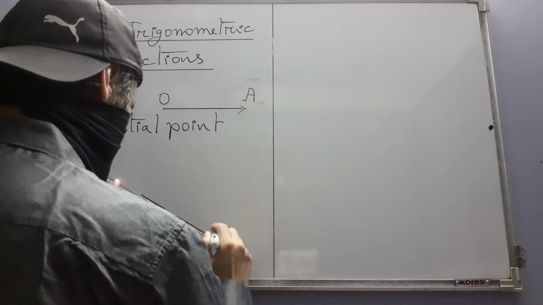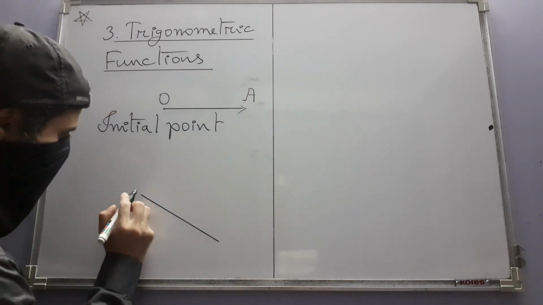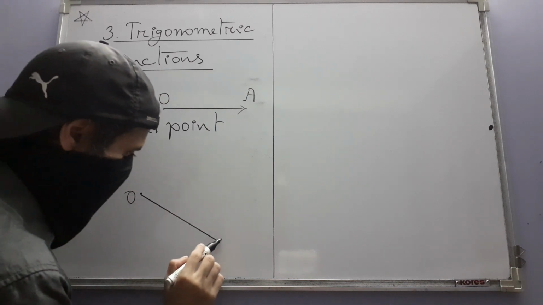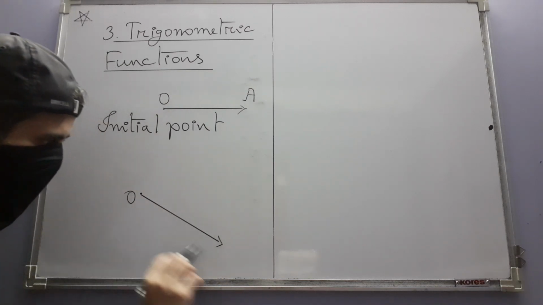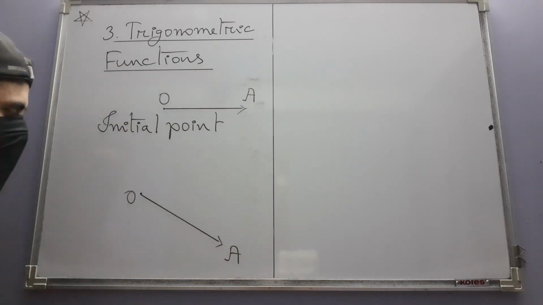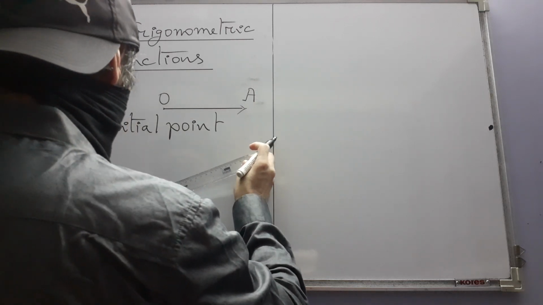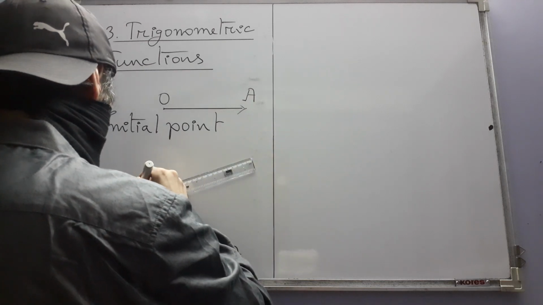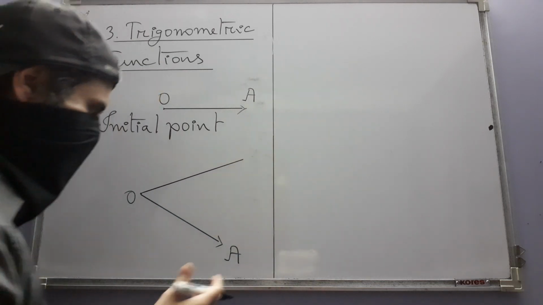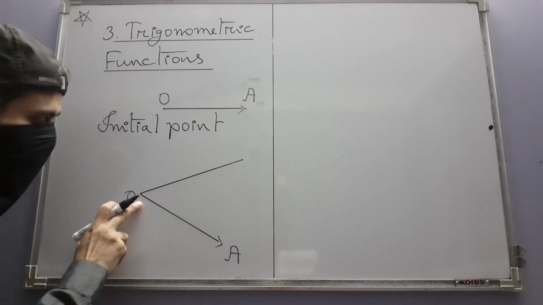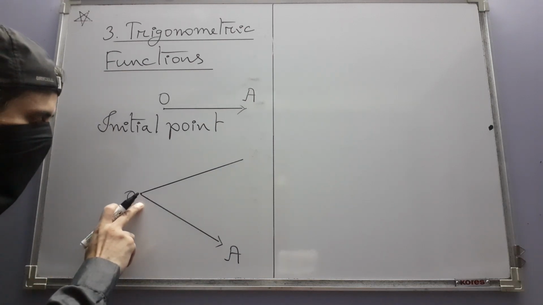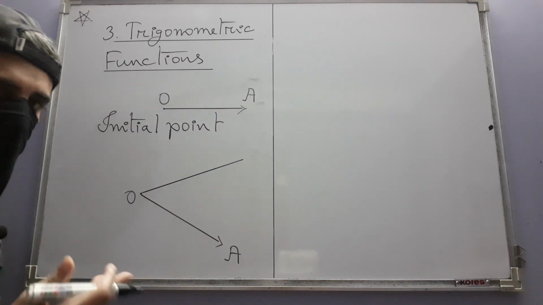So this is one ray whose initial point is this O, and it goes indefinitely in that direction, OA. And you take another ray like this, which goes in some other direction or may in fact go in the same direction, in which case we are considering the same ray in place of two rays.